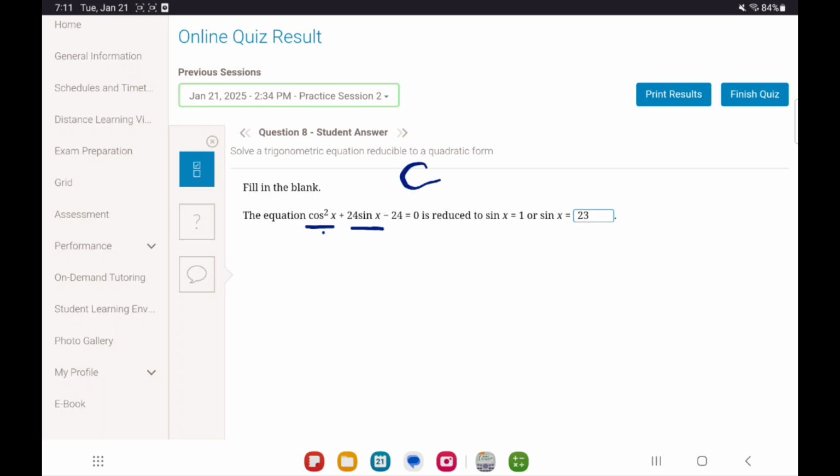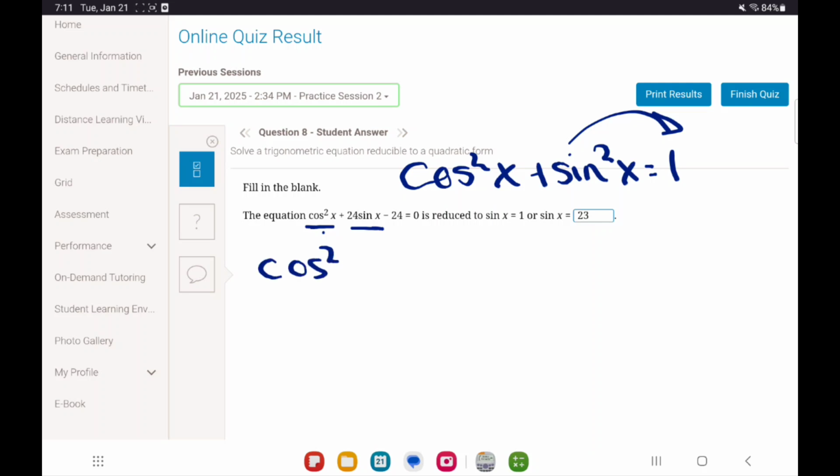So like I said, cosine squared x plus sine squared x equals 1. We move sine to the other side, so the replacement is cosine squared x equals 1 minus sine squared x, okay? So let's replace it into the equation.